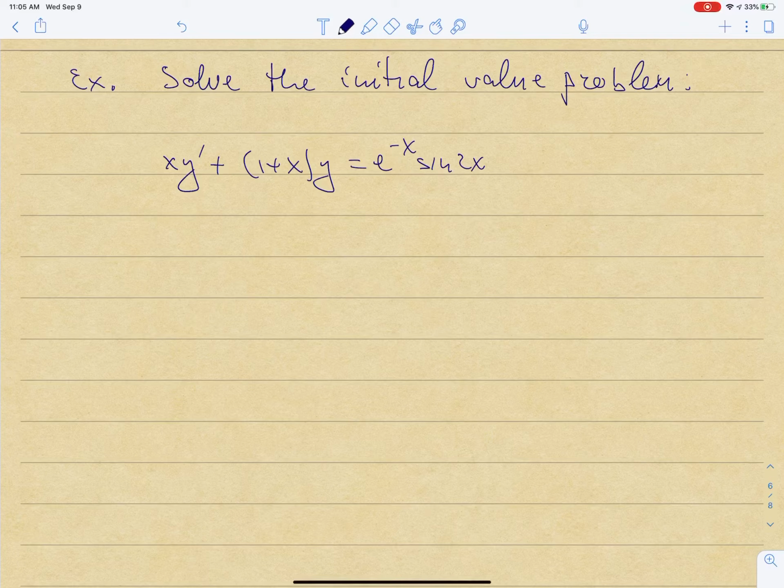And let's say that y of pi is equal to 1.